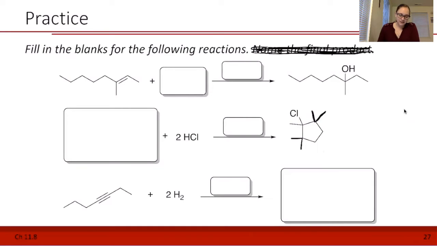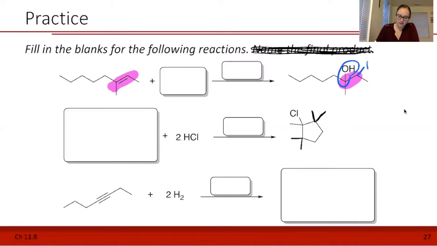So this first one here, we have our alkene. And then we have that same alkene over here in that same position, but now it has an OH added to it. How I know what we're doing is that we go from an alkene to an alcohol. So that tells me we're doing a hydration reaction.